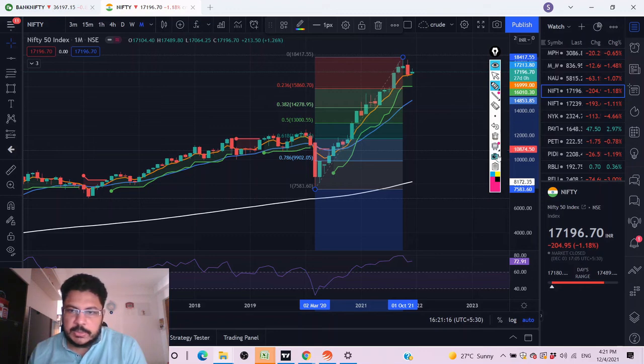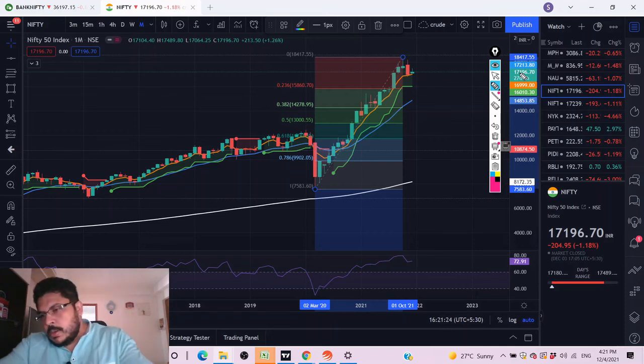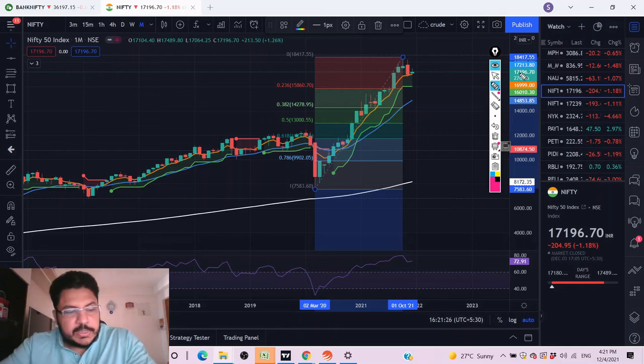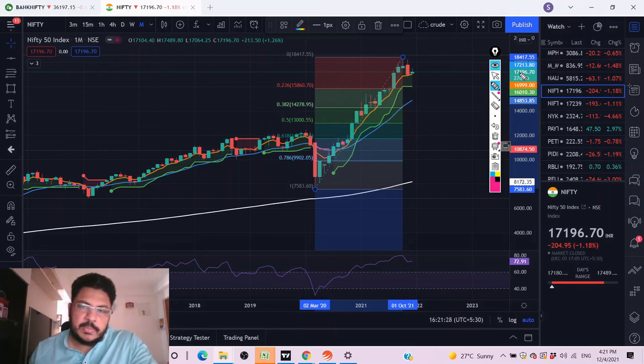This is what Warren Buffett also meant: buy the fear, sell the greed. When institutions want to buy, they will create fear in the market, the price goes down, and then you buy here, and it starts moving up. Simple game. There's no rocket science in that.